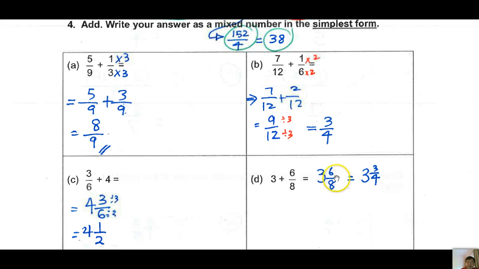Now remember, when you divide by 2, it gives us 3/4. Do not do anything to the 3, this whole number here. Leave this whole number the same. So your answer is this in the simplest form. The rest are similar. Pause the video and work them out.